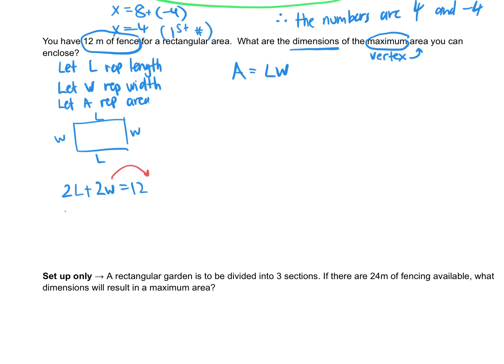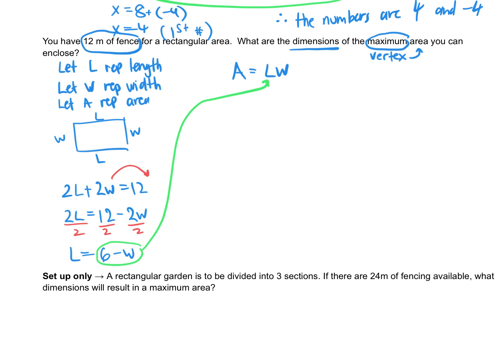So I'm going to bring the W over so that it turns negative 2W, and then I will have to divide everything by 2. And we get L equals 6 minus W. That's great because now I have this equation that I can go sub into L in my area equation, and that will turn it quadratic.